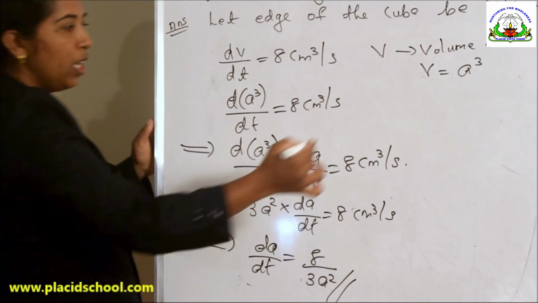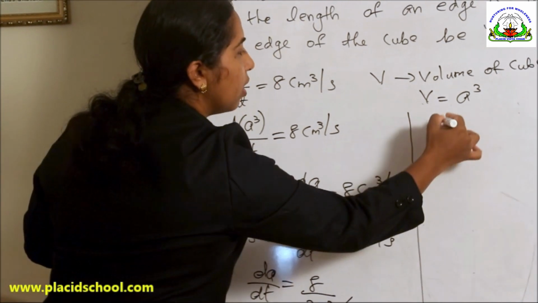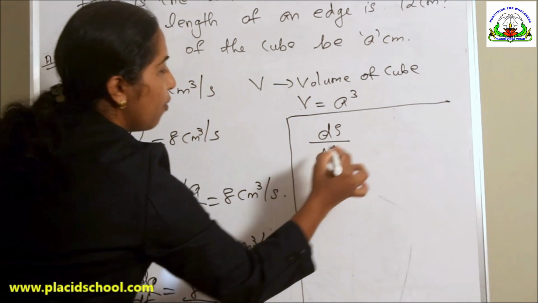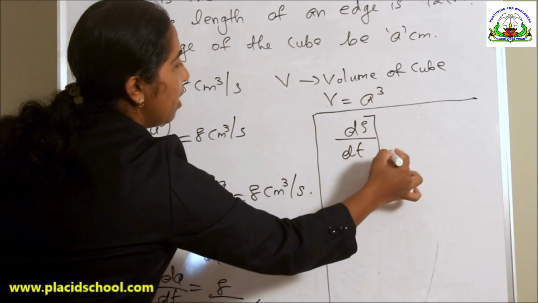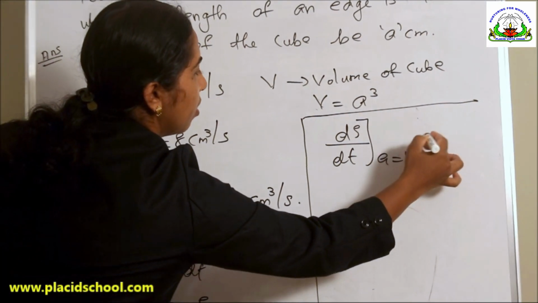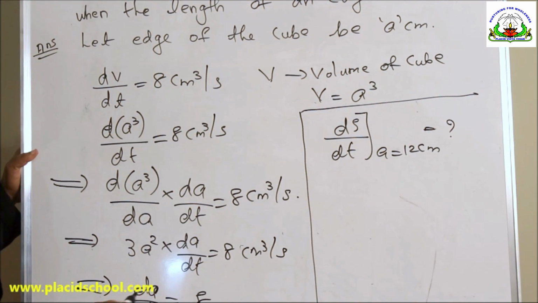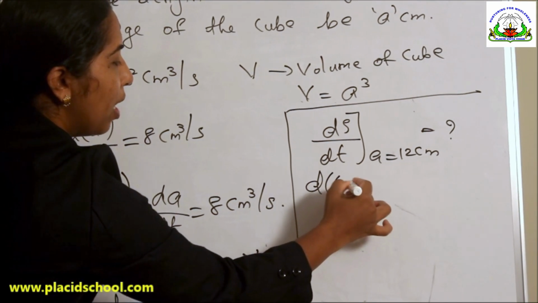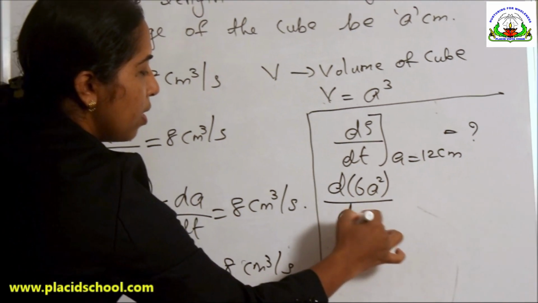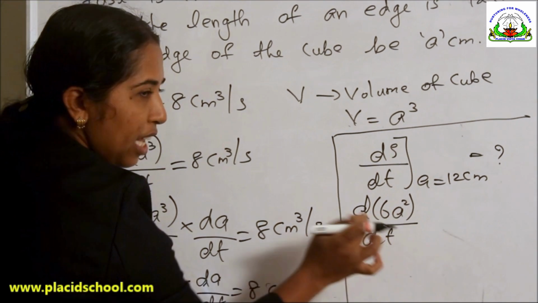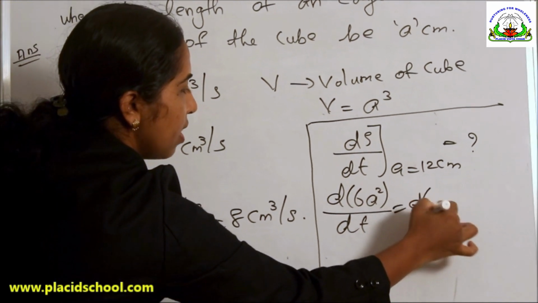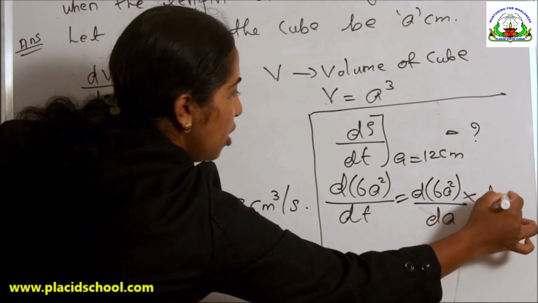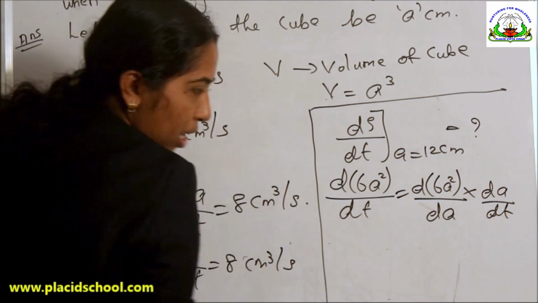Keep that there. According to the question, we need to find rate of change of surface area with respect to time when edge is 12 centimeter. This is what we are supposed to compute. Surface area of cube is computed using the formula 6a square. So, rate of change of surface area with respect to time is derivative of 6a square with respect to a into da by dt using chain rule.